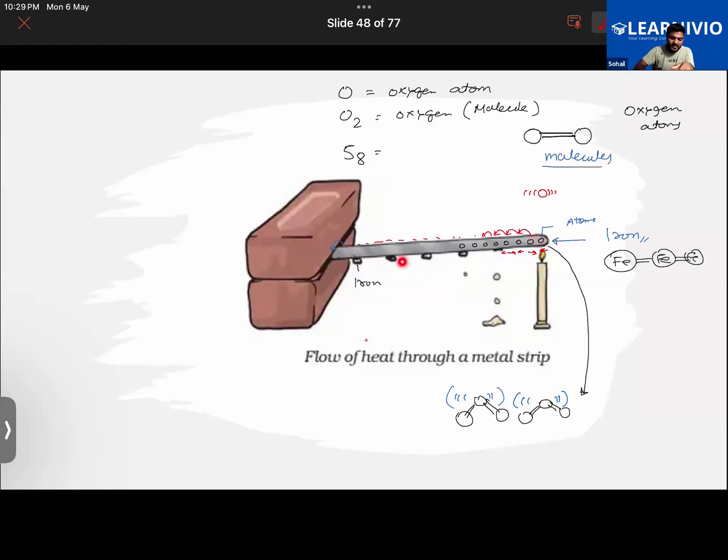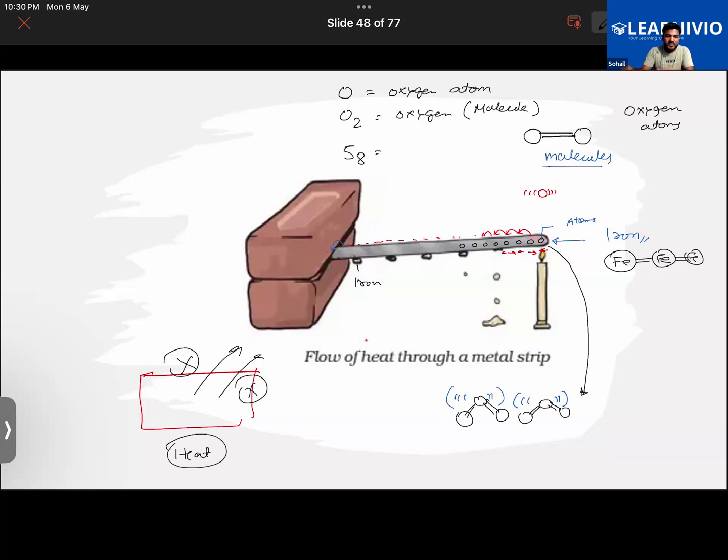Metals are good conductors because they allow the heat to pass from one end to another. While air will not allow heat to pass across it. It will hold the heat. That's why some of the planets are very cold, because there is no air on some planets. So air is a bad conductor of heat.